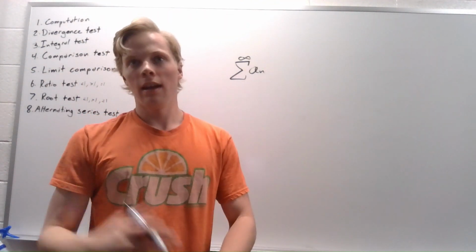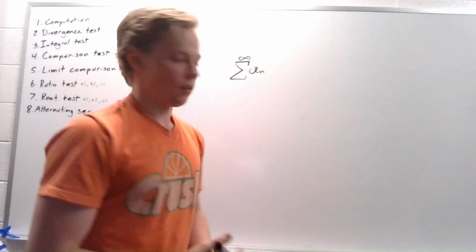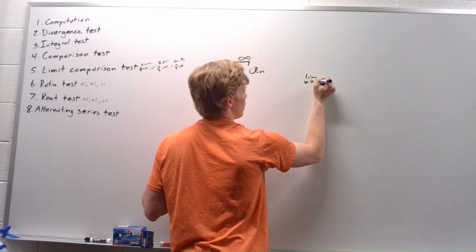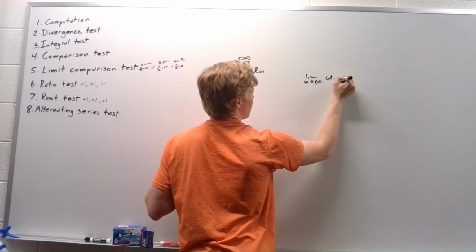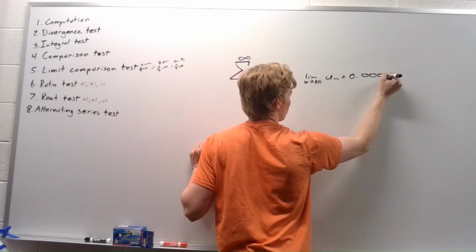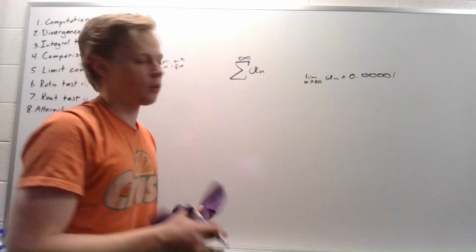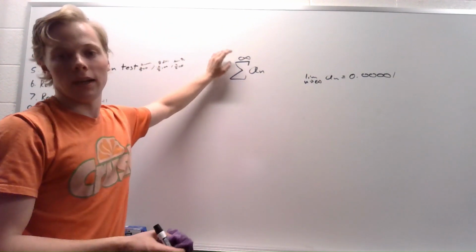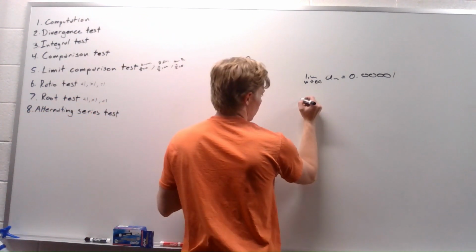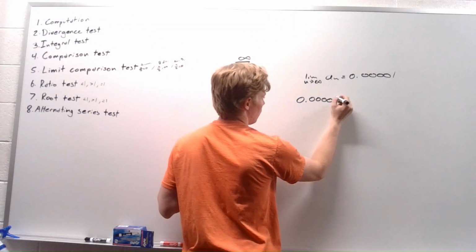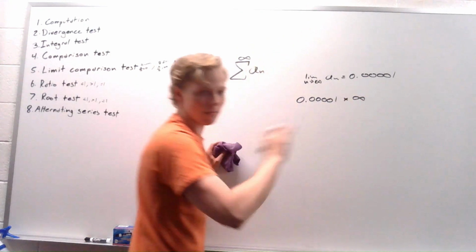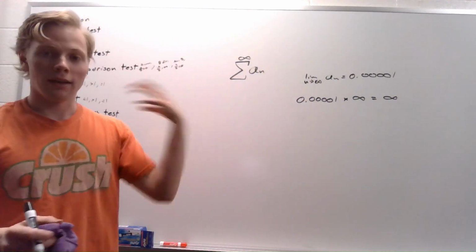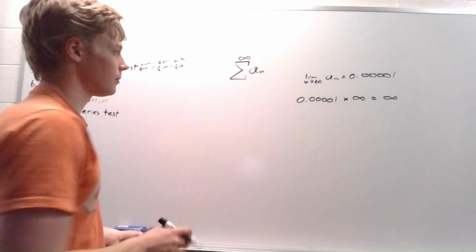It always stays bigger than 0, even if the limit of a sub n is equal to like 0.00001, no matter how many zeros. You're adding up, and that's as small as a sub n ever gets. You're adding up infinitely many of them. And so 0.00001 times infinitely many of them is still just going to be infinity, meaning that the sum diverges. It shoots off to infinity.